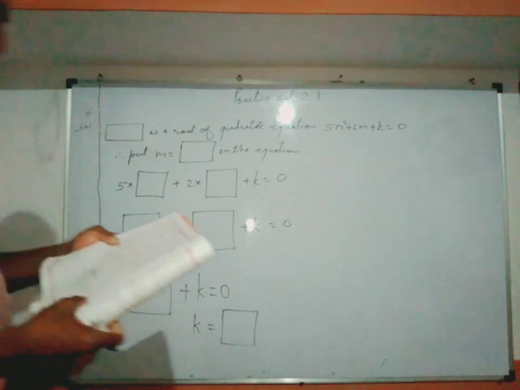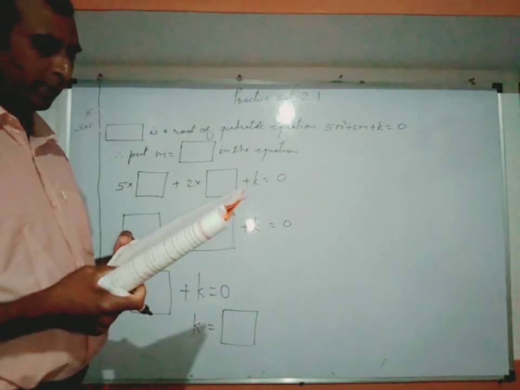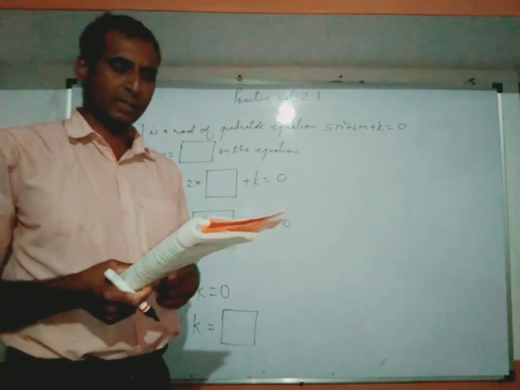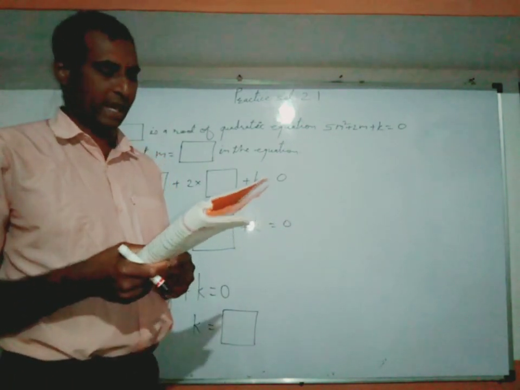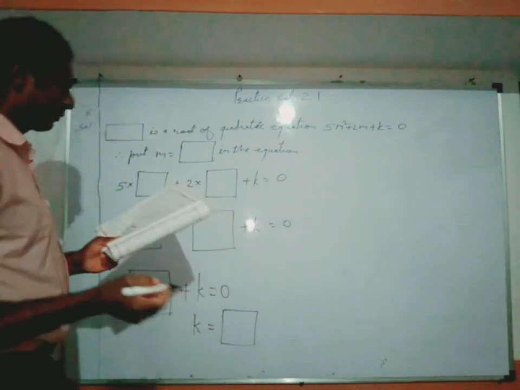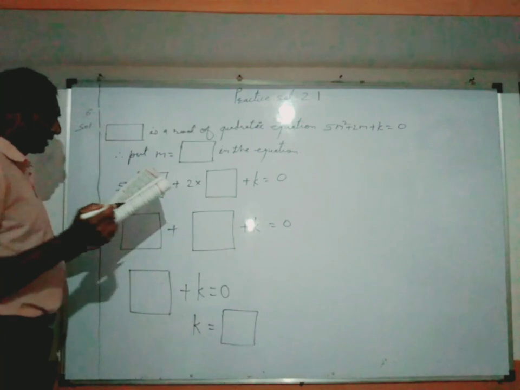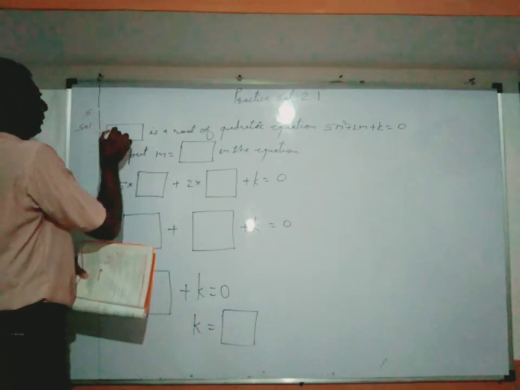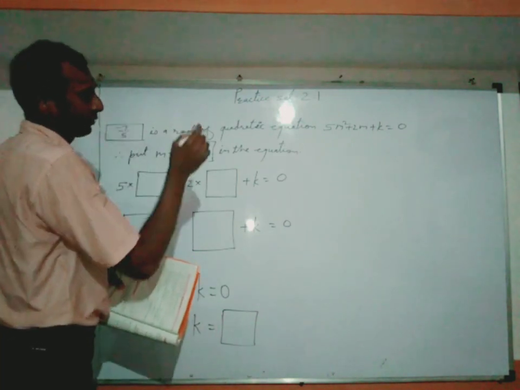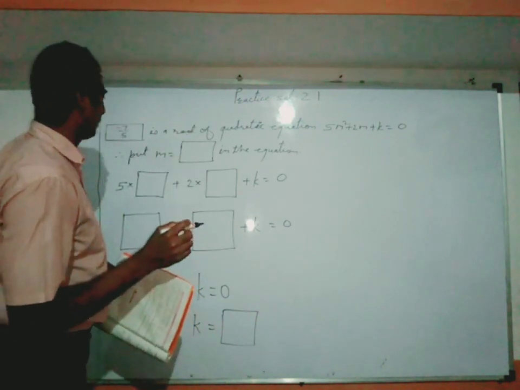Question 6. One of the roots of the equation 5m square plus 2m plus k equal to 0 is minus 7 upon 5. Complete the following activity to find the value of k. From the given information we note minus 7 upon 5 is the root of the quadratic equation 5m square plus 2m plus k equal to 0.